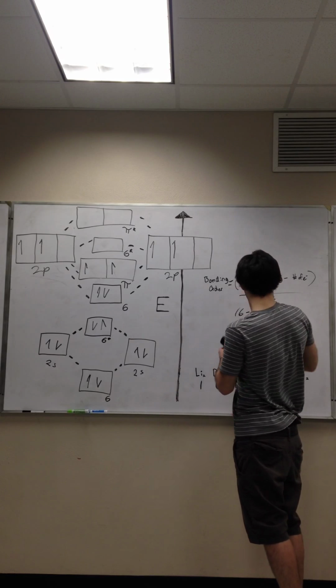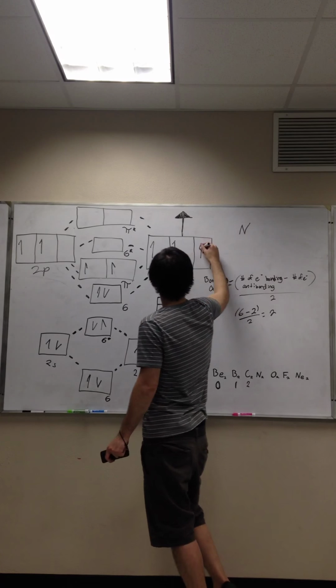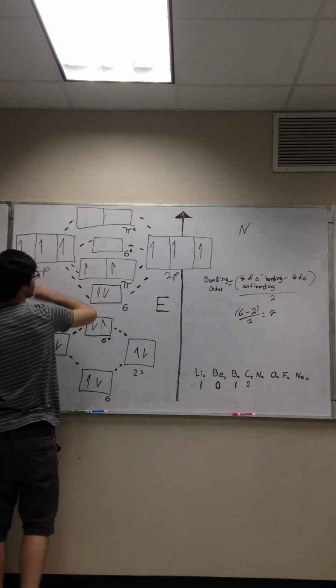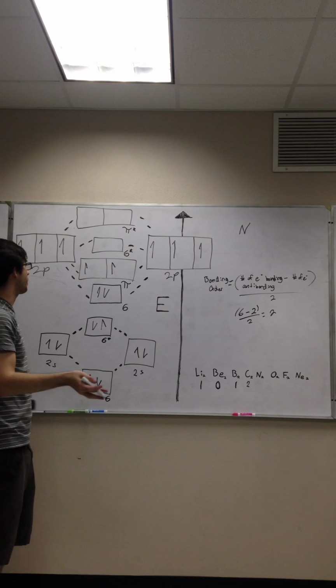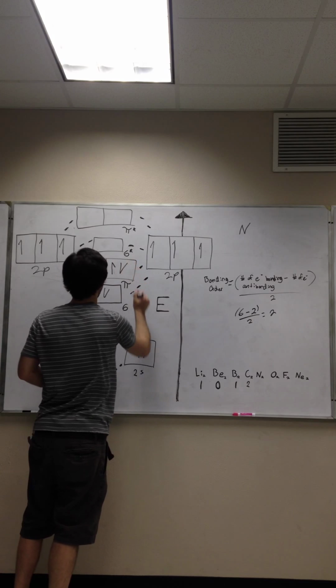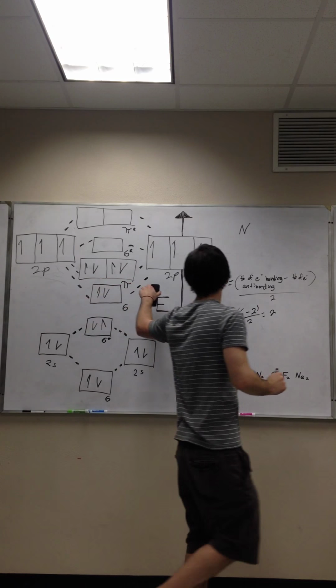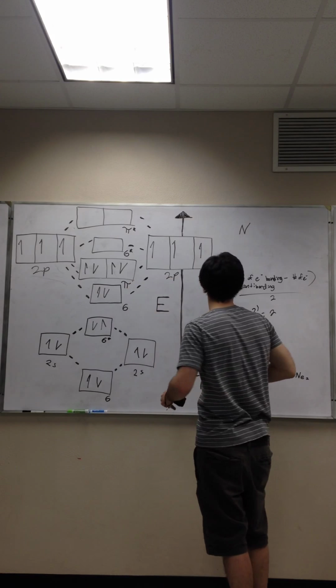Moving on, we have nitrogen. Same thing, we add 1 more electron. Pretty much every single time we add 1 more electron to each diatomic molecule, 2 more electrons are added, or overlap in another molecular orbital.